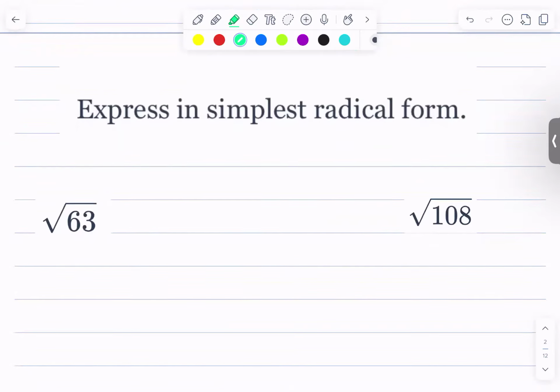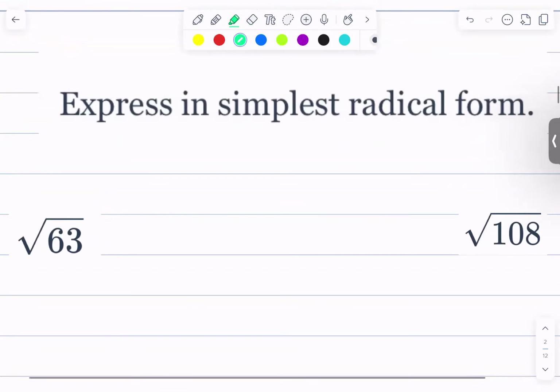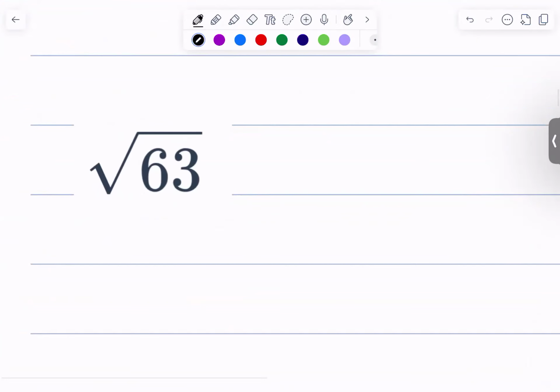And before we hit the i and the imaginary numbers, let's simplify this radical. Okay, square root of 63. Now remember, when we are simplifying radicals, we have to think about the perfect squares, right? Like 4, 9, 16, 25, 36, 49, 64, and so on and so forth.